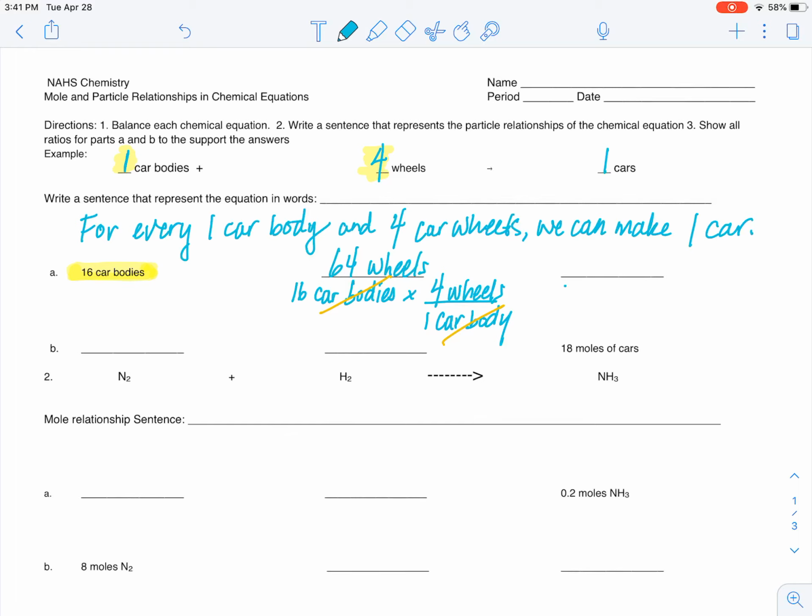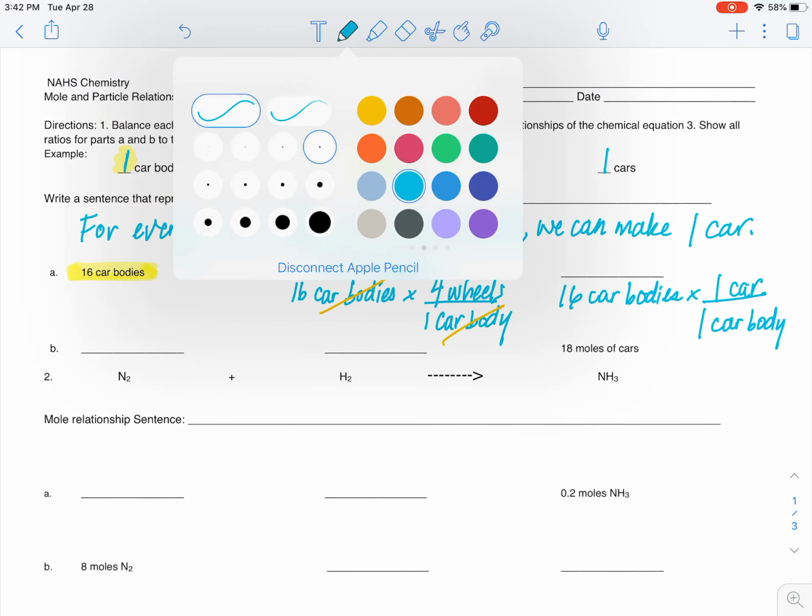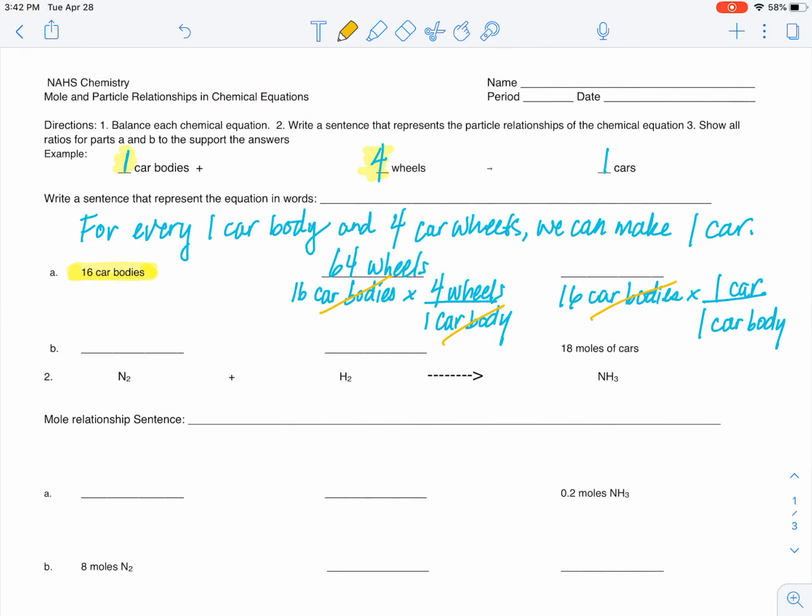So we're going to do the same thing to determine how many cars 16 car bodies would make. So for every 1 car body, and this one is pretty easy, we know that we make 1 car. So in that equation, what's canceling, obviously, are the car bodies.